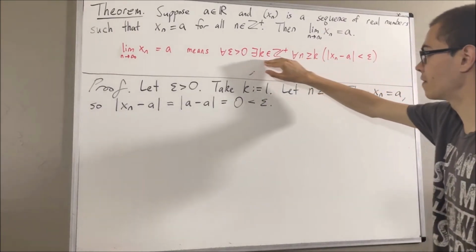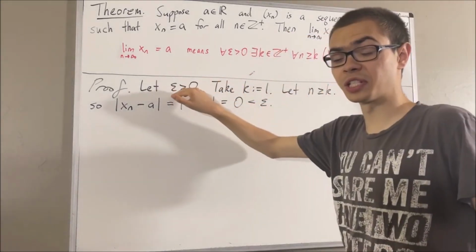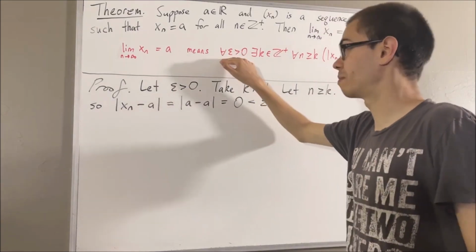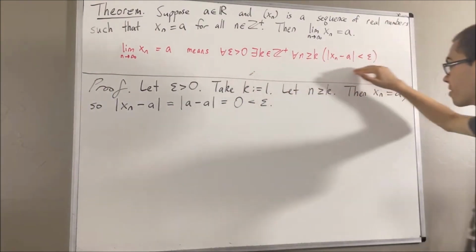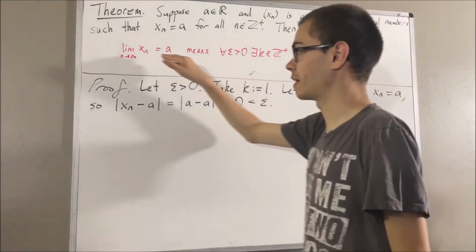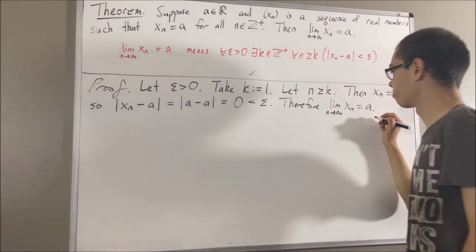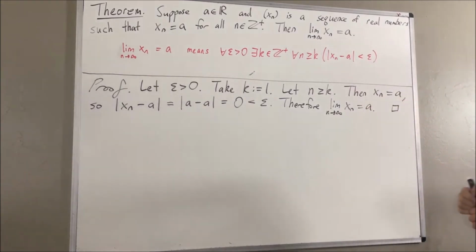And we proved that this statement was true under the assumption of some arbitrary epsilon greater than 0. Since epsilon was arbitrary, this means we have shown for all epsilon greater than 0, this is true. So we've proven this entire statement, which means we have proven that xn converges to a. And that's exactly what we wanted to prove, so this completes the proof.